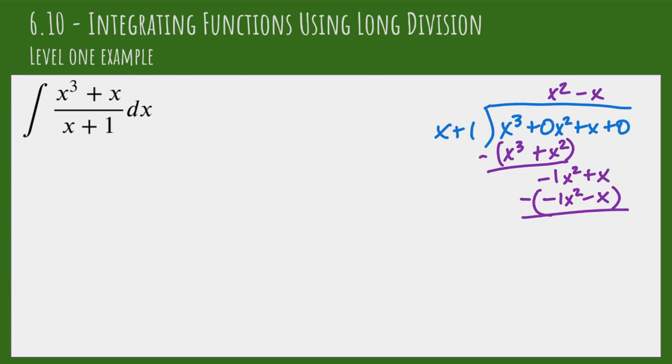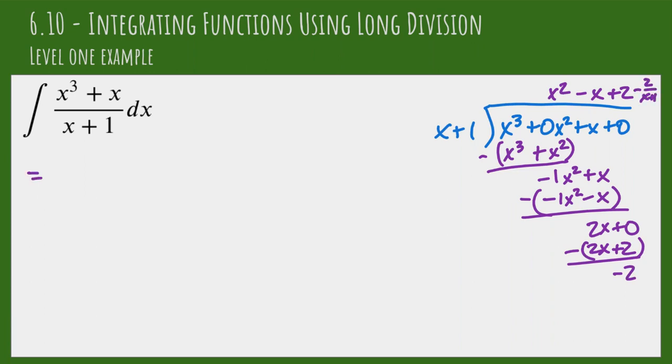And we subtract, get 2x plus 0. So x goes into 2x 2 times. We get 2x plus 2. And we subtract and get negative 2. So it's going to be minus 2 over x plus 1.